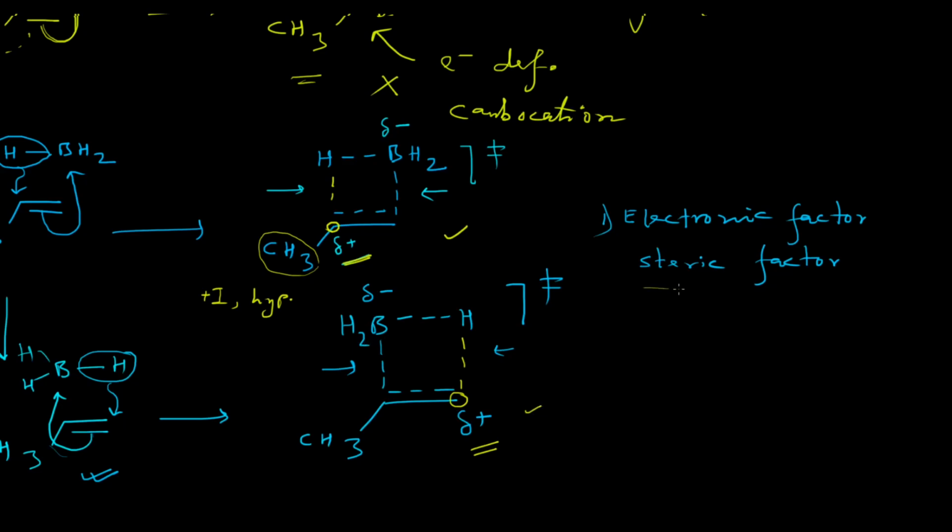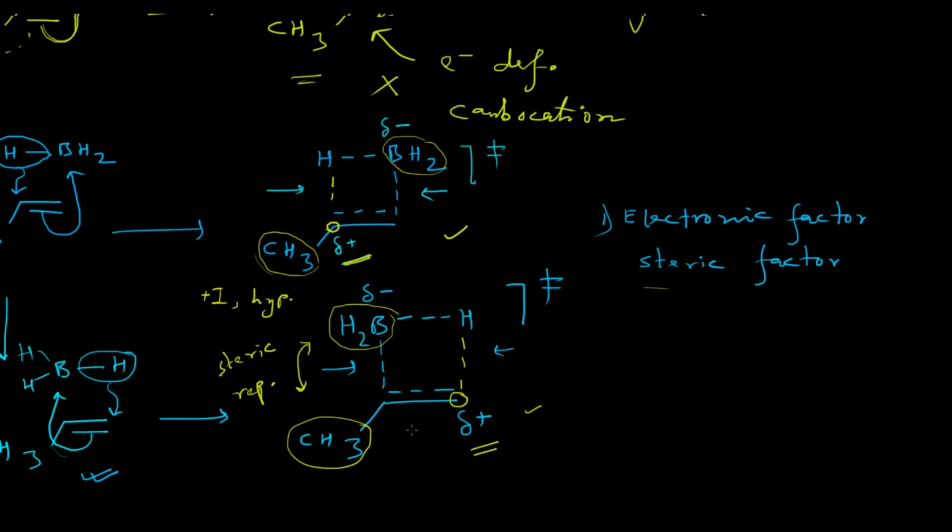Now if we consider the steric factor, here we can see that this BH2 group and this CH3 group are as far as possible in this transition state. So there is basically no steric repulsion between them. But in this case, this BH2 group is very close to this CH3 group, and this will result in a steric repulsion between them.